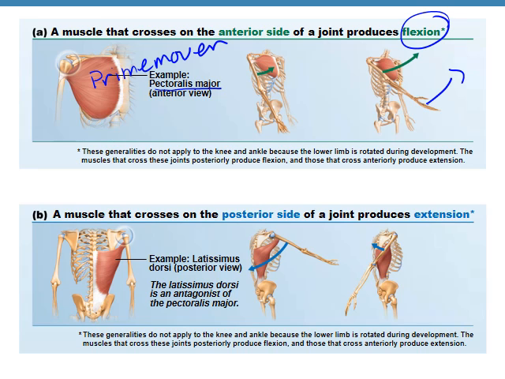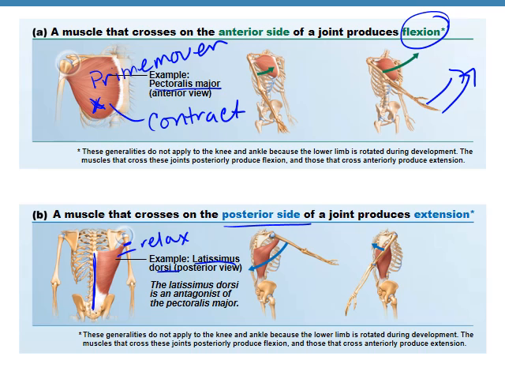But because this muscle on the posterior side, which is the latissimus dorsi, attaches to the vertebrae and it also attaches to the humerus, if this muscle is going to contract in order to bring the arm in front, this muscle has to relax. So as this is contracting, this muscle is relaxing in order for you to move your arm. And we would call that the antagonist. It's doing the opposite action of the prime mover.